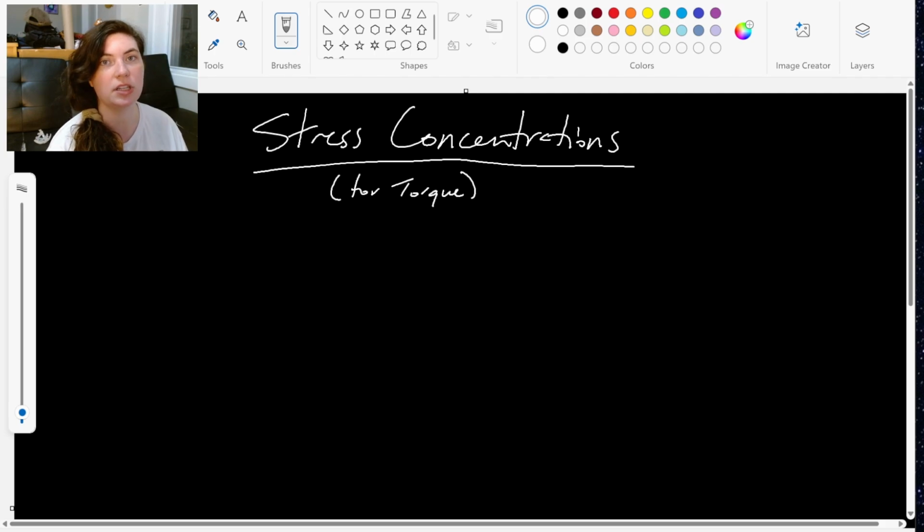So these are all going to cause stress concentrations, and we're going to use the stress concentration factor along with some more convoluted tables in order to solve these problems.